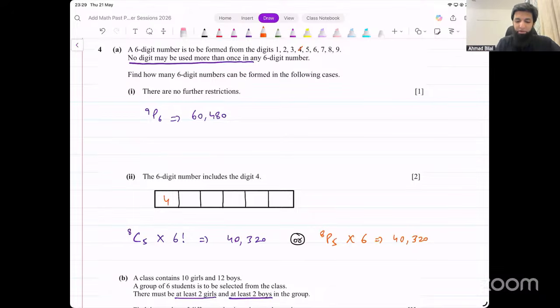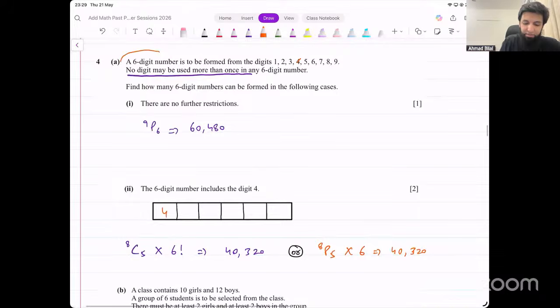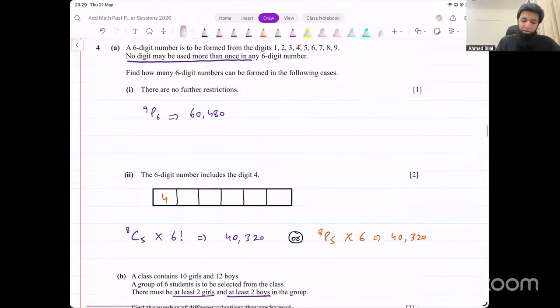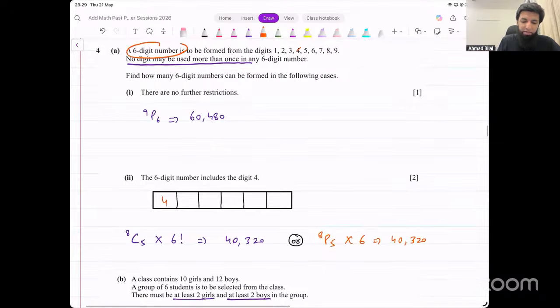Because in this example, you see, they wanted us to make a 6-digit number, and they have not used the keyword arrange. That's the keyword for permutation, right? They've not used that keyword. But the context tells you when you're making numbers like this, then the order is important because 1, 2 is different from 2, 1. One is 12 and another is 21.